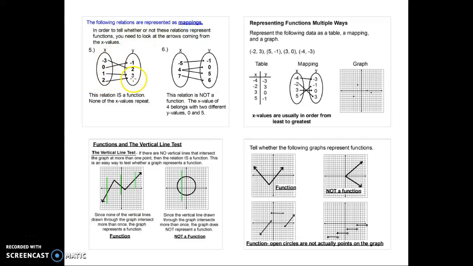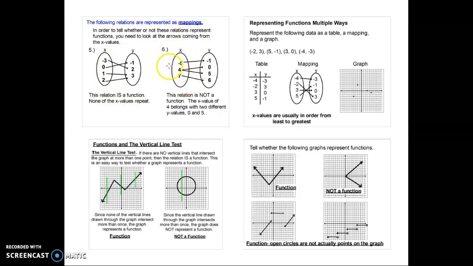So I'm looking at my x values to make sure that there's no arrows being sent from the same x value. Each x value only has one arrow, which means it only has one output. These are your input values, the y's are your output values. So this is a function because none of those x values are being repeated.